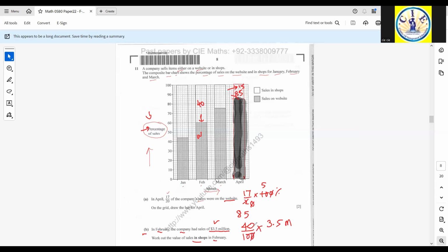So I can do it like this. Zero gets cancelled out with this zero. Taking out this decimal and then writing down 10. So 35 times 4, 140. 140 divided by 100. So the decimal is going to shift from here till here. So this is going to be $1.4 million.